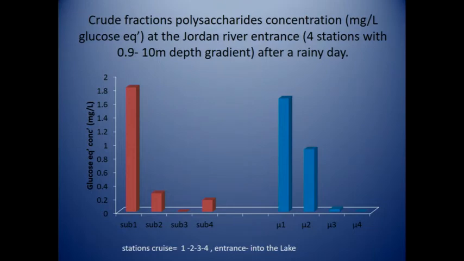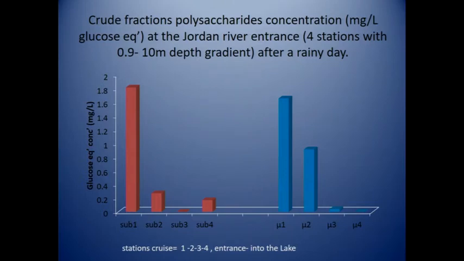While, if I can borrow the term stratification, the difference between the microlayer and 1 meter below, here in red, is not that large. This is the sublayer at 1 meter depth, and microlayers of stations 1, 2, 3, 4, starting from the mouth and into the lake.